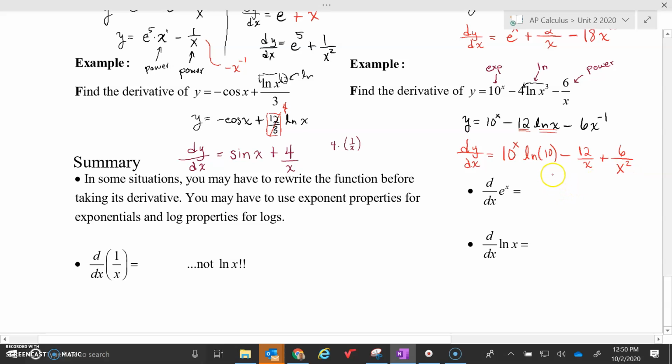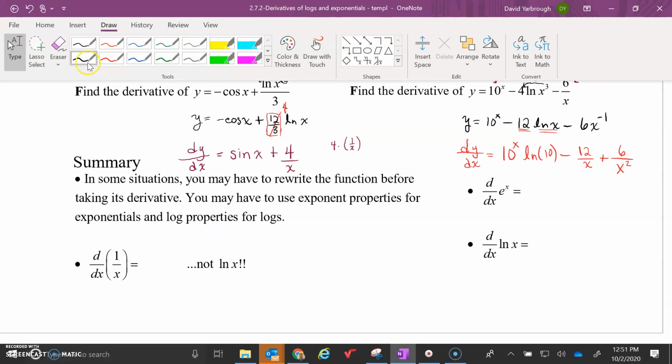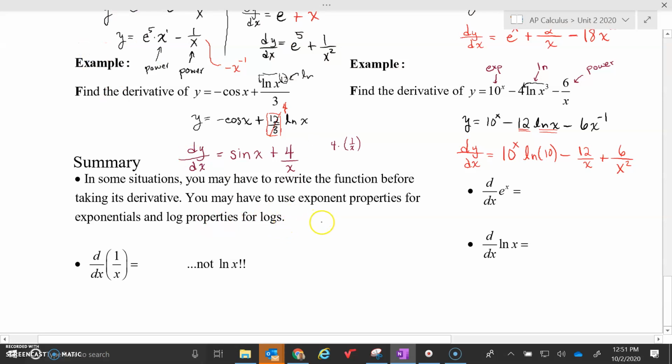Alright, so the summary. The summary just says in some situations you may have to rewrite the function before taking its derivative. You may have to use exponent properties for exponentials, log properties for logs, and really I should add trig properties for trig, and power function properties. Well, these are talking about you should use the properties in order to rewrite the function.